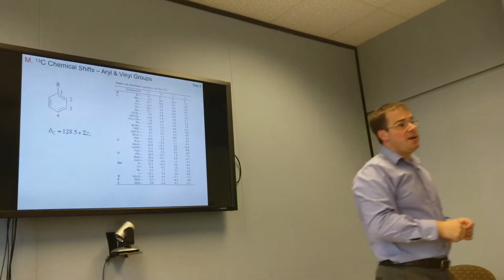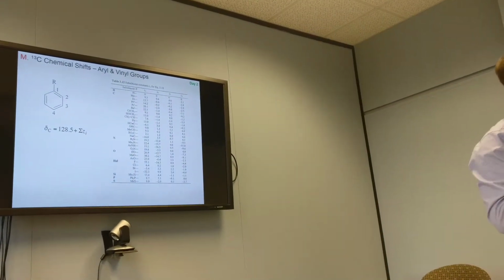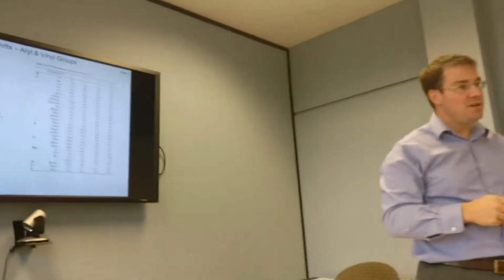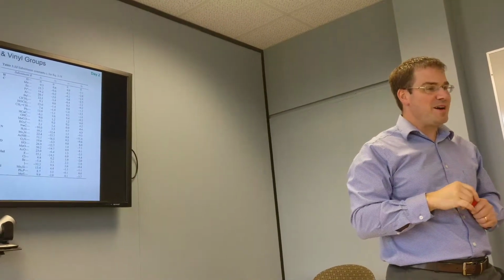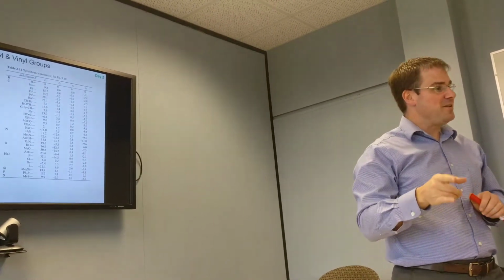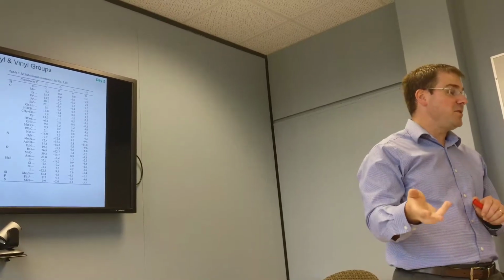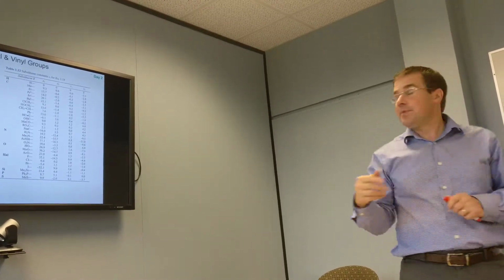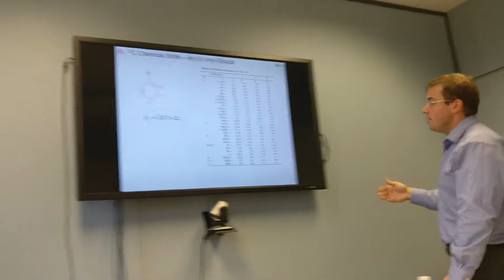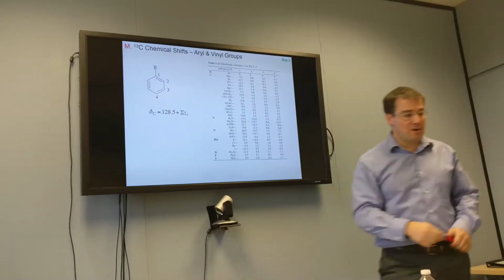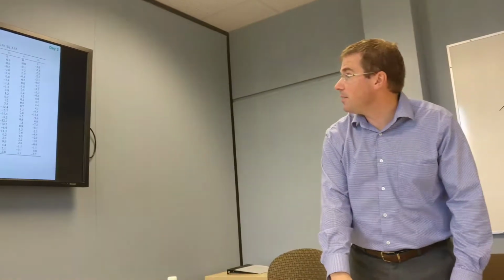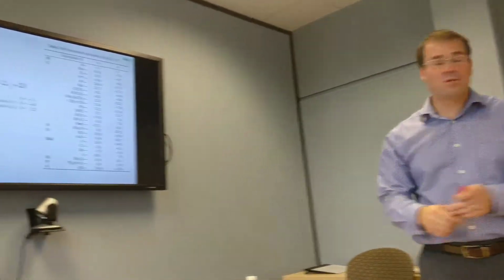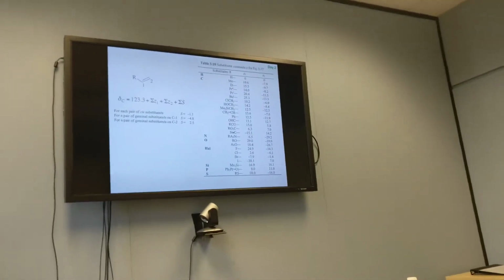Again, this is going to be very accurate for monosubstituted aromatics, pretty accurate for disubstituted aromatics, less accurate for trisubstituted aromatics, and so on and so forth. But you can get a reasonable estimate of your expected carbon chemical shift for any fairly simple aromatic compound. I won't even work through an example there because I think you get the idea by now.